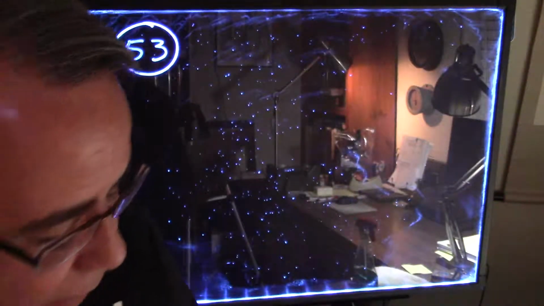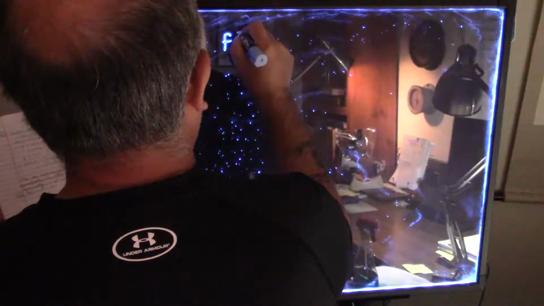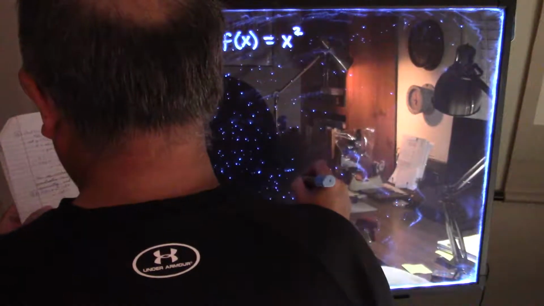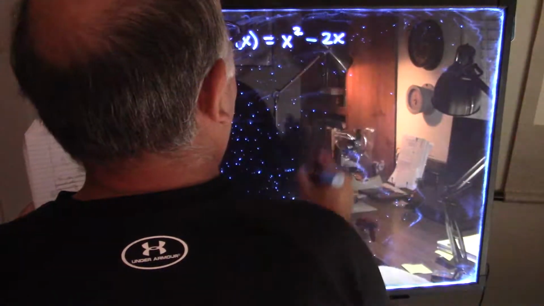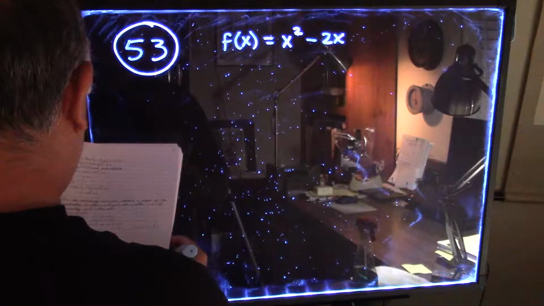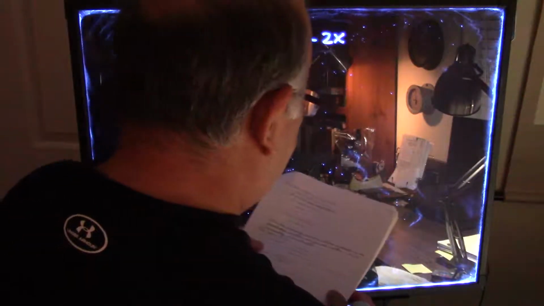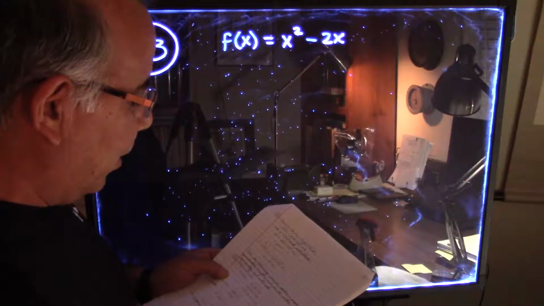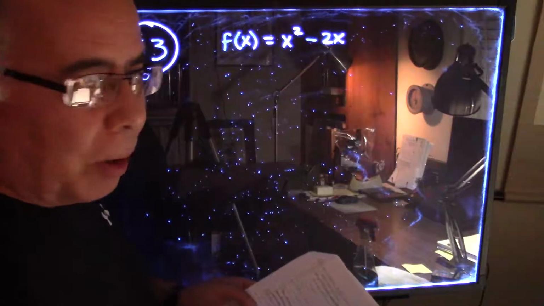We have f of x equals x squared minus 2x. And I know you can just punch this into your graphing calculator or computer and get a picture right away. And maybe even if the intercepts and the vertex have nice integer coordinates, you can read them right off the graph.